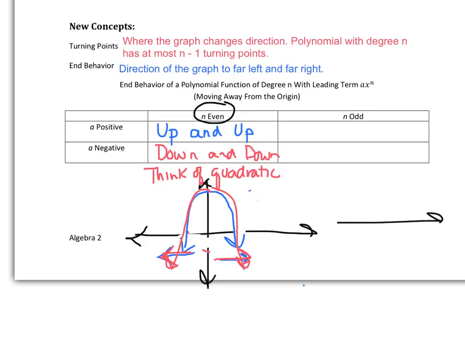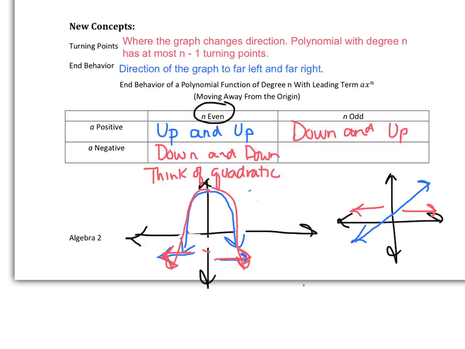So as I go to my odd degree, let's draw another xy axis. I like to just think about the most obvious odd degree, which is a linear function, degree 1. So if a is positive, my slope is positive. So as I go to the left, I'm actually going down. That's my end behavior. And as I go to the right, I'm going up. So the end behavior for odd is down and up.